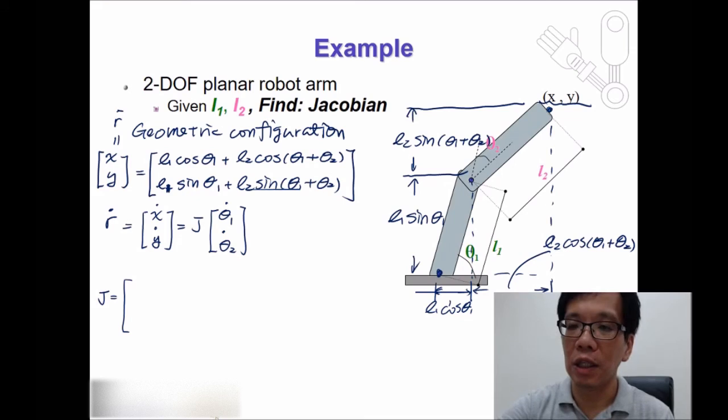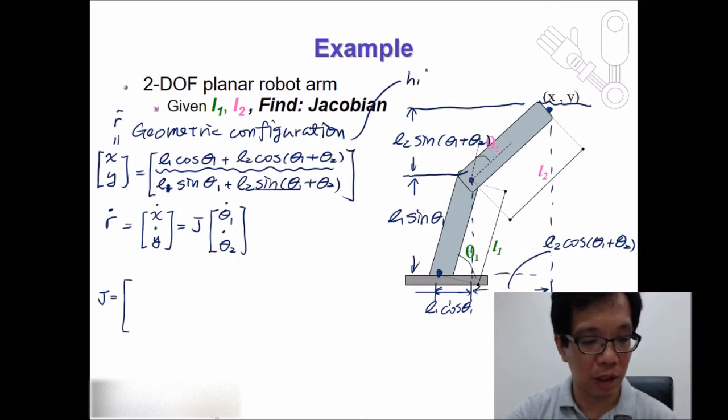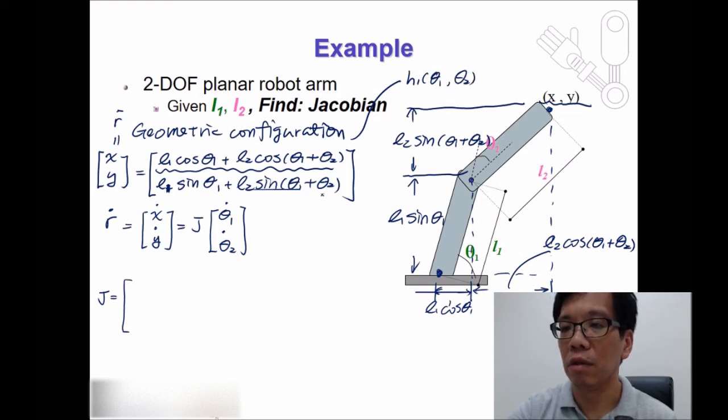Clearly, this one is going to be my h1. Let's name this h1 of theta 1, theta 2. This one over here is going to be my h2, of theta 1 and theta 2.